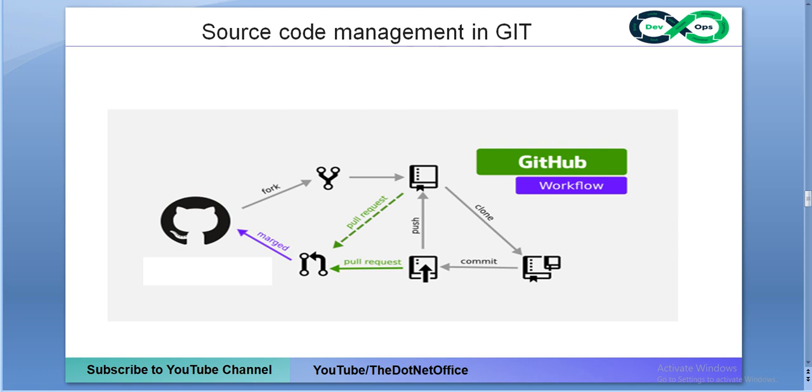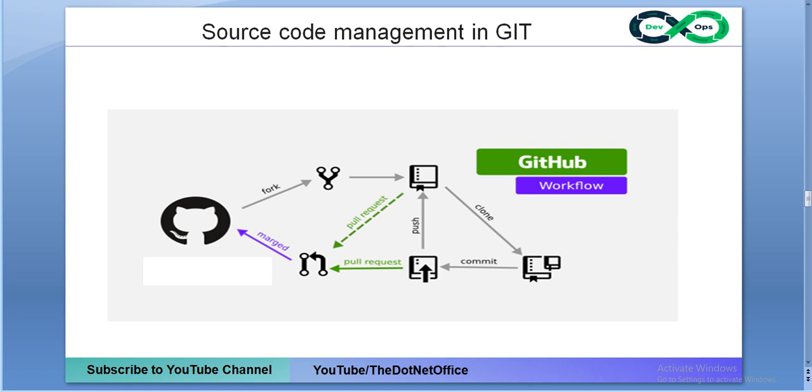In this diagram you can see the Git side, and here our code is deployed. We clone this code, meaning Git provides a clone, which is nothing but copying that code into the local system.